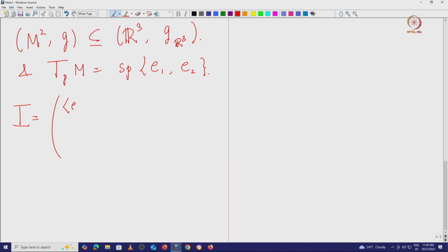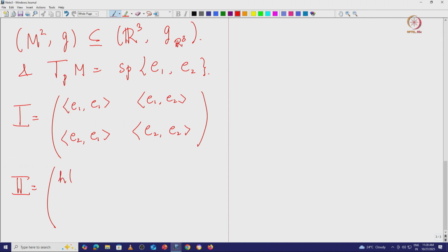So that is basically just E1 comma E1, E1 comma E2, E2 comma E1 and E2 comma E2, and one can look at the matrix obtained by applying the second fundamental form. So H of E1 comma E1, H of E1 comma E2, H of E2 comma E1 and H of E2 comma E2.